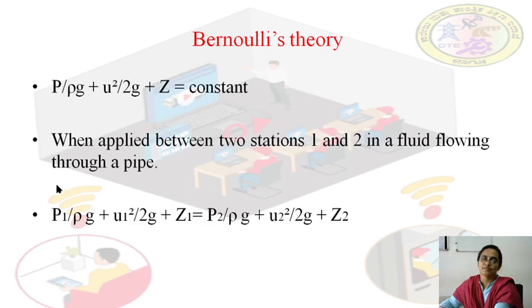It can be written as P1 by rho g plus U1 squared by 2g plus Z1, equal to P2 by rho g plus U2 squared by 2g plus Z2. We are considering it at different heights.